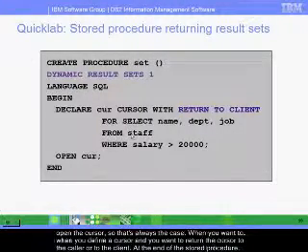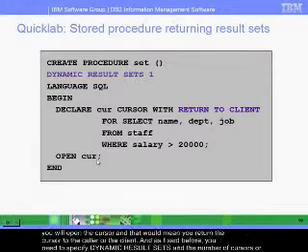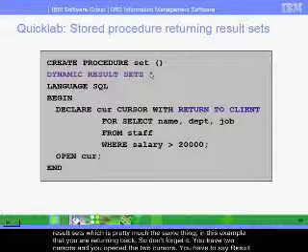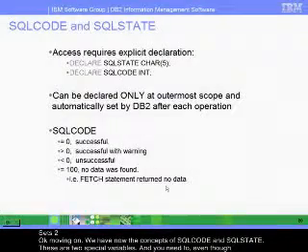That's always the case when you define a cursor and you want to return it to the caller, to the client, at the end of the stored procedure: you open the cursor, and that means you return the cursor to the caller or the client. And as I said before, you need to specify DYNAMIC RESULT SETS and the number of result sets, which is the same thing in this example that you are returning back. So don't forget it. You have the cursor and you open the cursor.